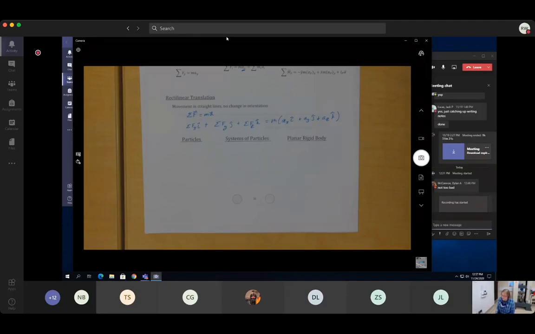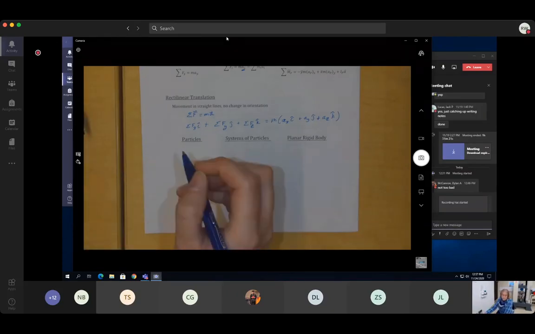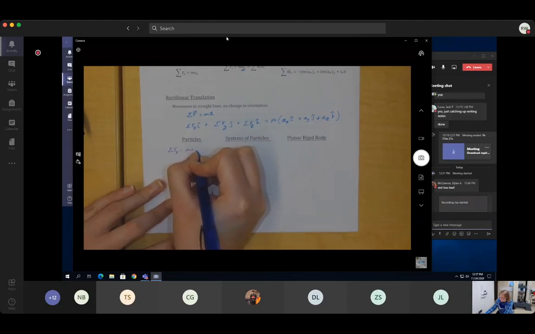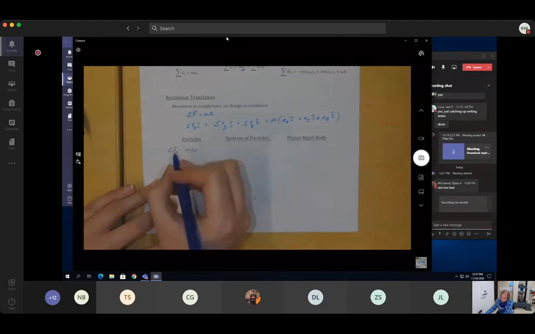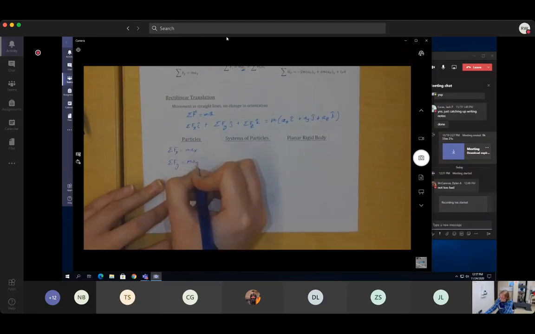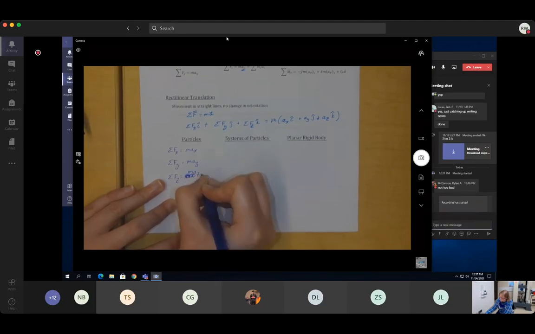Okay, and then we can again look at the three systems that we talked about. So for particles, we have just sum of forces in the x direction equal to m ax, sum of forces in y, m ay, and sum of forces in z equal to m az.